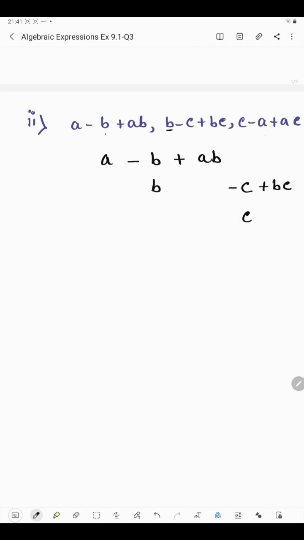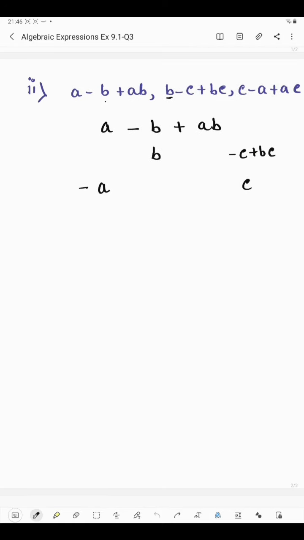Now minus A. A is here, so we'll put A below A, and the sign of A is negative, so we'll put a negative sign here. Next we have AC. As the AC term was not present, we will put it at the end, not below any variable.